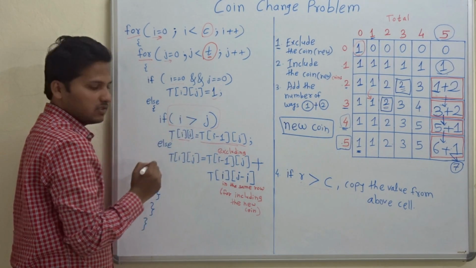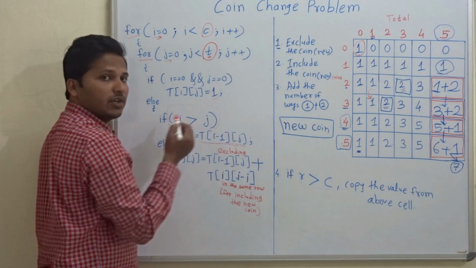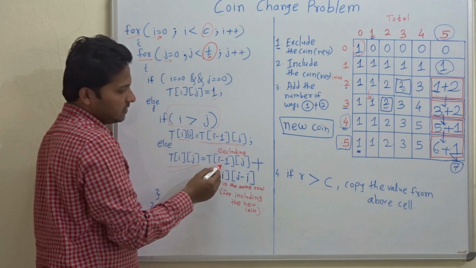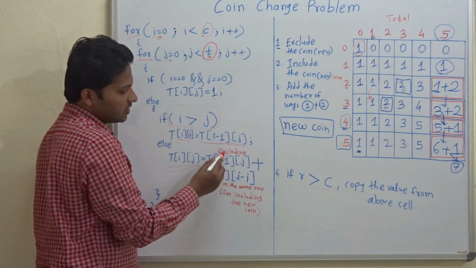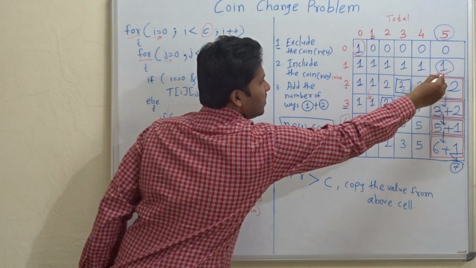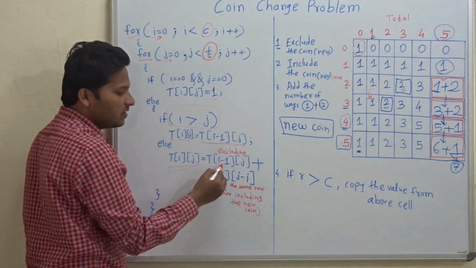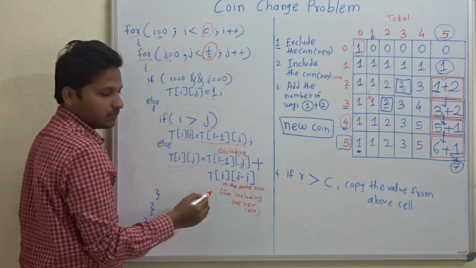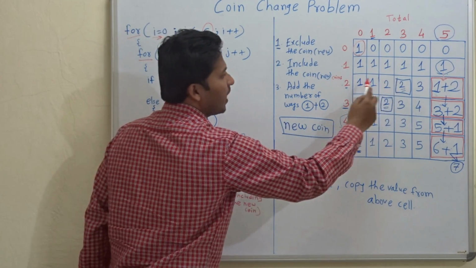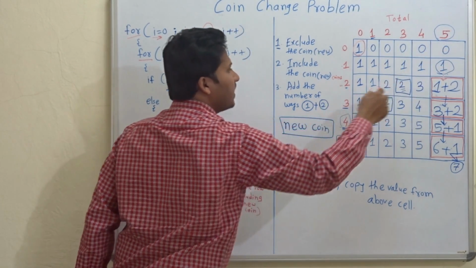T is our matrix. Else, now the main condition, excluding the coin and including the coin, else T of i j is, see, excluding the coin, you just take the value from the above cell. So for example here, you take the value from above cell. So above cell is T of i minus 1 and the same column. And for including the coin, as you remember, you have to subtract the coin value from the total, 5 minus 2.